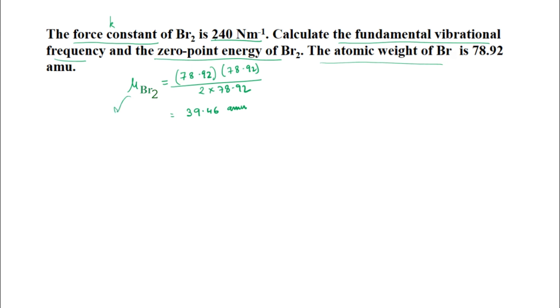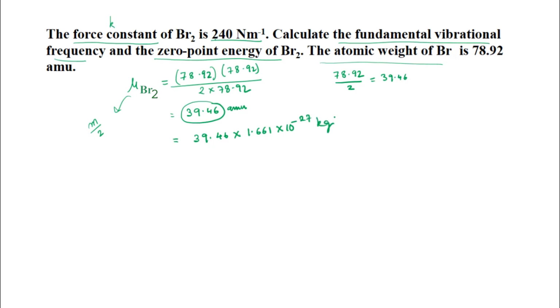So, the reduced mass, as I said, is given by m by 2. So, we can also get this number 39.46 if we just divide 78.92 by 2, this is also 39.46. So, we have to convert into kg. So, we will write 39.46 times 1.661 times 10 to the power minus 27 kg.